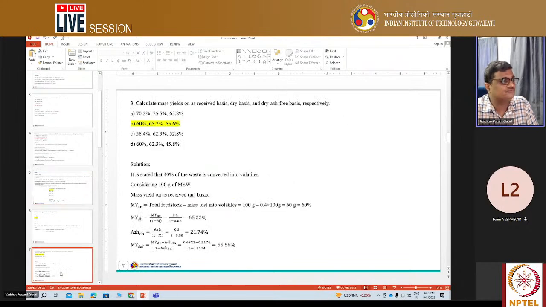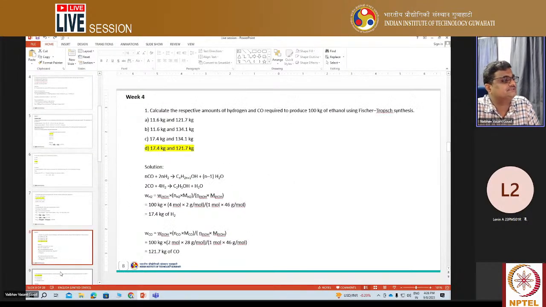And now once we go to the next example, which is week 4, we need to calculate the respective amounts of hydrogen and carbon monoxide required to produce 100 kg of ethanol using the Fischer-Tropsch synthesis process. If you remember the reaction for the Fischer-Tropsch synthesis, the generalized reaction is shown here in this form.